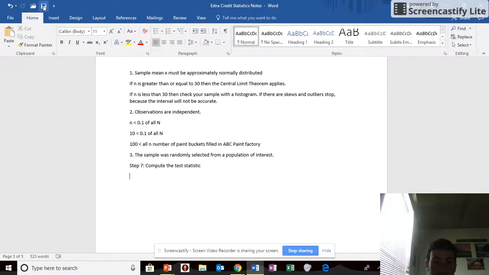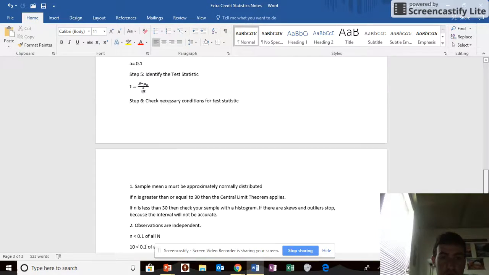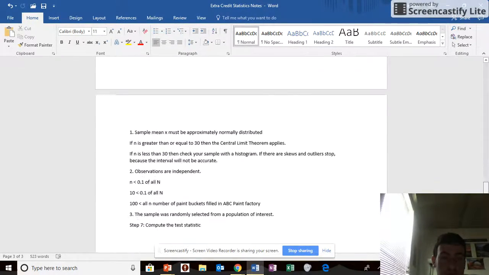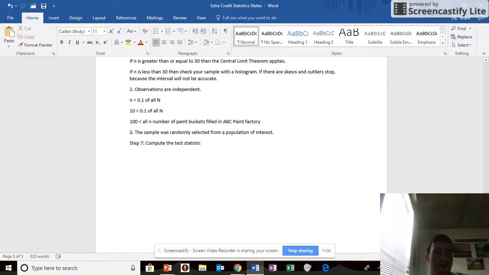Click on that, and where it says input, it's either data or stats, but since we made a list, you should see data highlighted. Click on that. Go down. The mu of O just means the hypothesized amount. So in this case, if we go back to our problem, that was 1 gallon. So just hit 1 there.